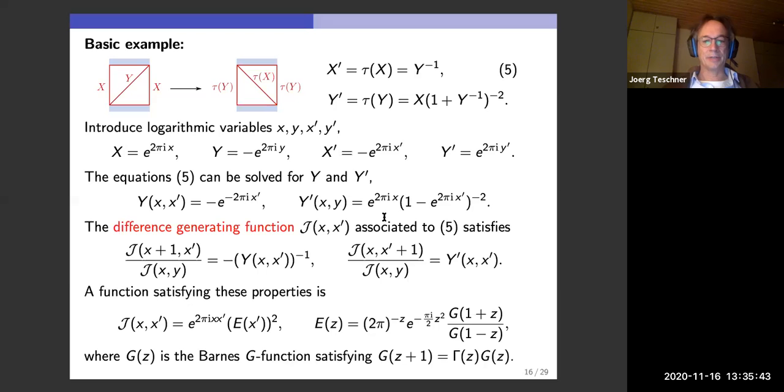And then you can just compute the associated difference generating function by solving the difference equations defining it, and you find something which you can express in terms of the Barnes G function. But what you can also find in this particular case is a nice expression in terms of the Rogers dilogarithm, which will become relevant later.